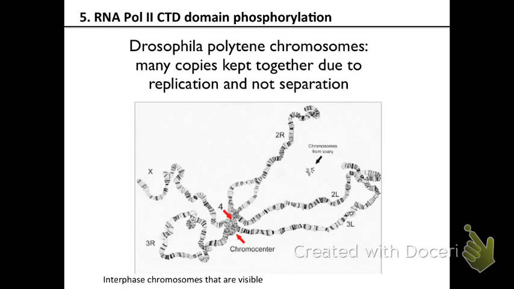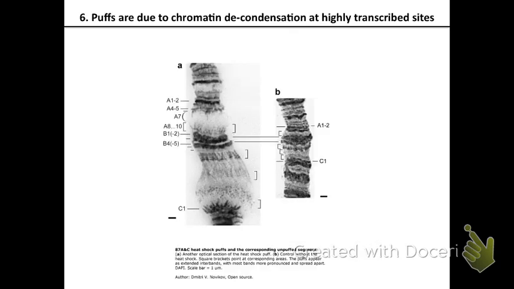The advantage of using these interphase chromosomes that are visible is that they also knew that certain places in these bands contained genes that were responsive to, for example, heat shock, right?